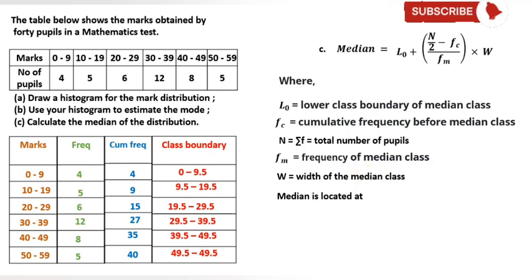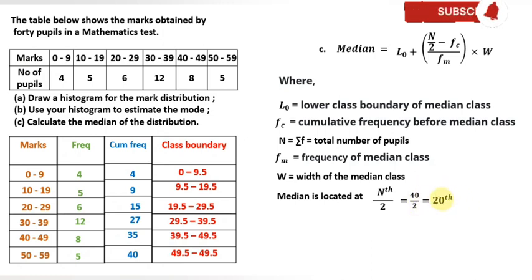Then the median is located at the N over 2 position. So the N over 2 position is going to be equal to 40 divided by 2, which is the 20th term, because N is equal to 40, as can be seen from the cumulative frequency here. So the total number of pupils is 40.